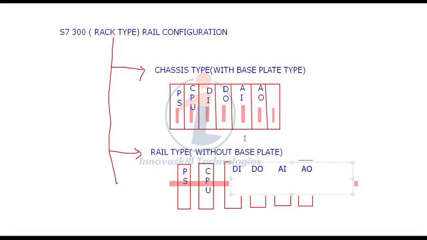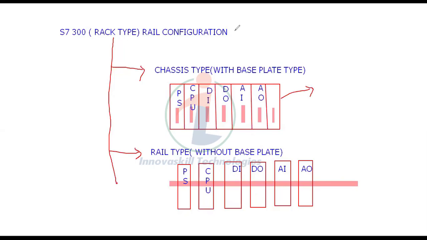Like this, according to our requirement we can increase it. So this is the difference between chassis type and rail type. In chassis type you will be having a base plate, and in rail type there won't be a base plate, there will be a rail. In that rail only they will be fixing each and everything.